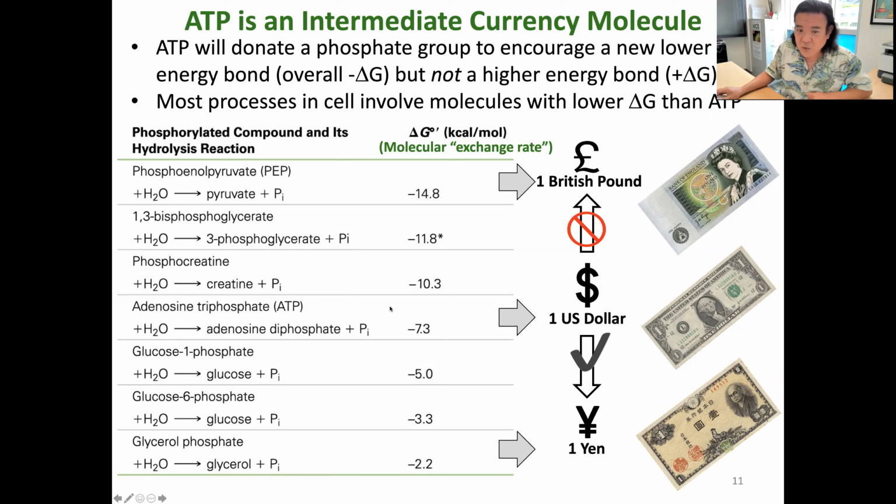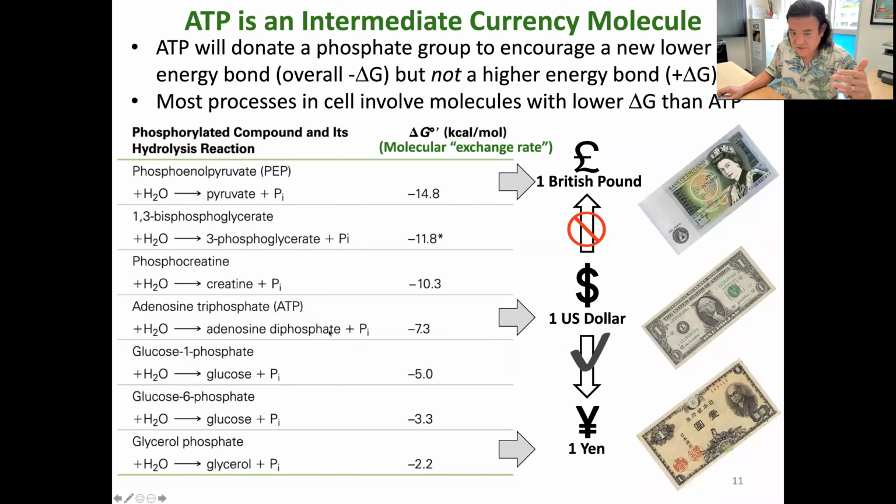In other words, you wouldn't have enough energy released by the ATP breaking here so that this phosphate group coming off of it could be shoved onto this to make the 1,3, because that bond energy is higher. It's more expensive, right? That's why these molecules are arranged that way, because what it's basically saying is the breaking of one of these more expensive bonds provides enough energy to form any of the less expensive bonds.